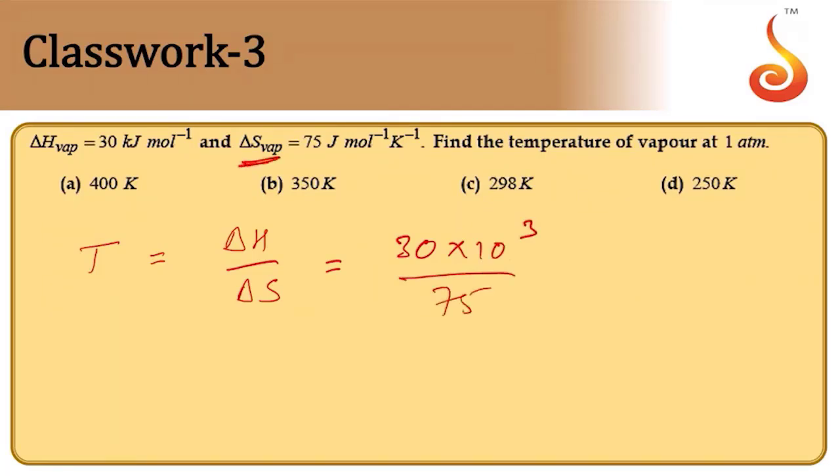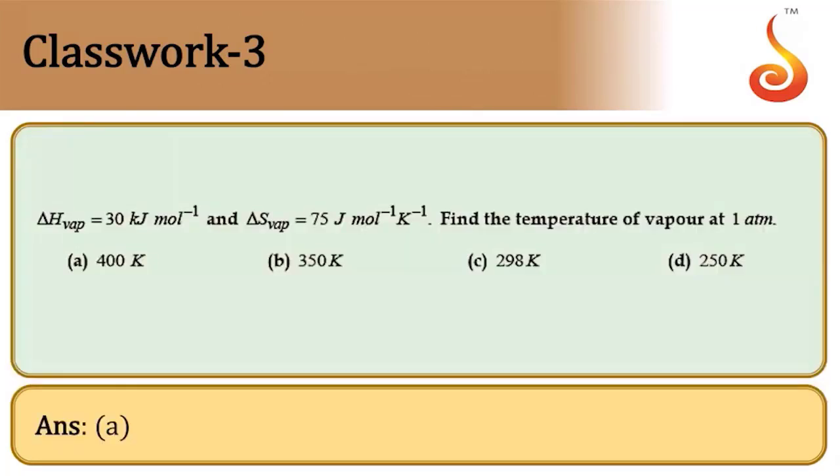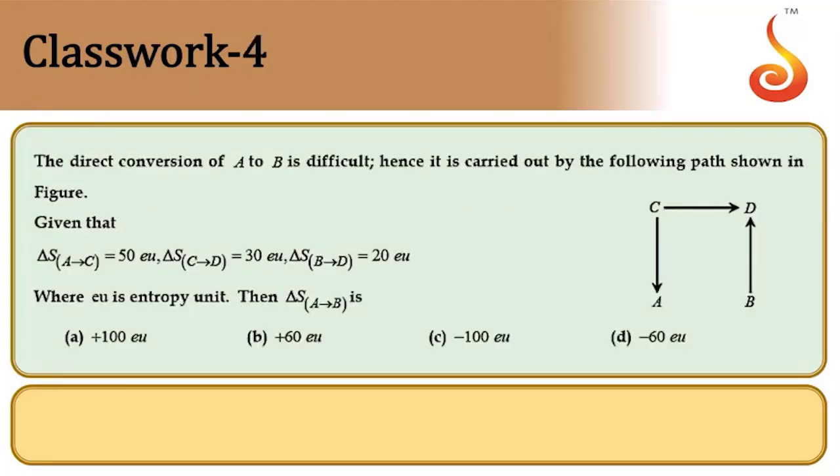Simplifying this, we get a value of 400 Kelvin. So delta S is equal to delta H by T, therefore T is equal to delta H by delta S, and the answer is 400 Kelvin, which is option A.